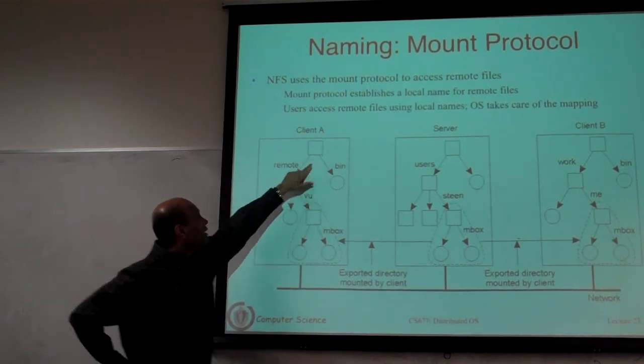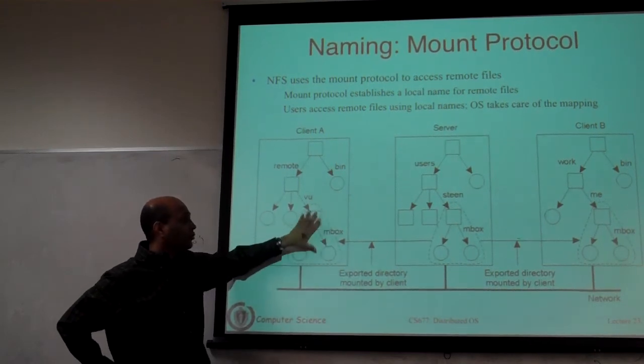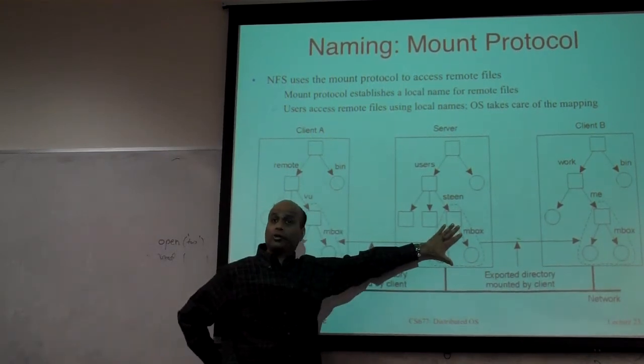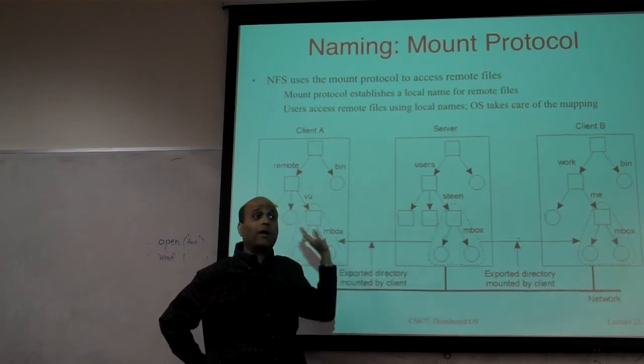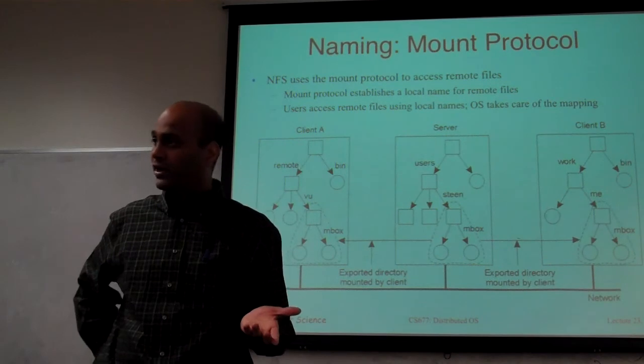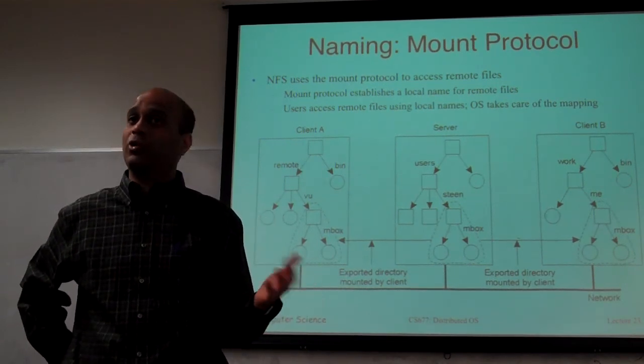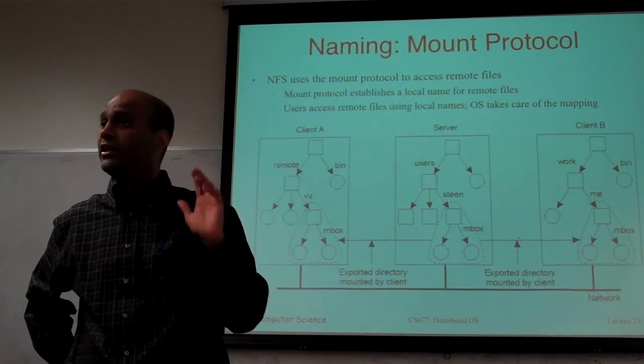So at this point, when you say /remote/vu/user, you are basically accessing files that are stored on the server. This allows you to create a mapping. Okay. In Windows, this is equivalent of creating a network drive. If you have actually used Windows, you know how to create new network drives, where you can create F drive and E drive and so on.